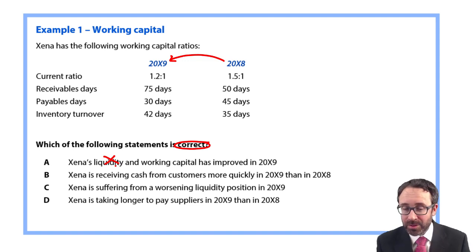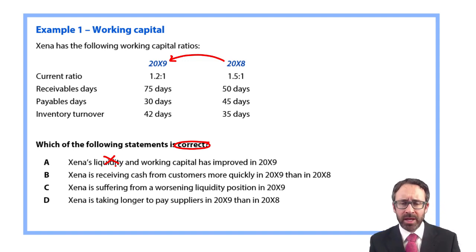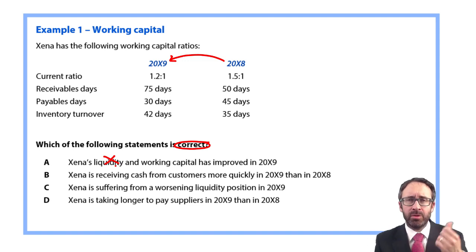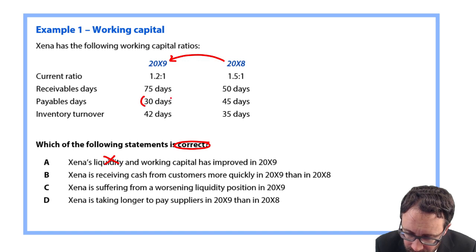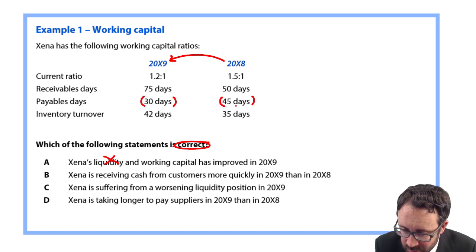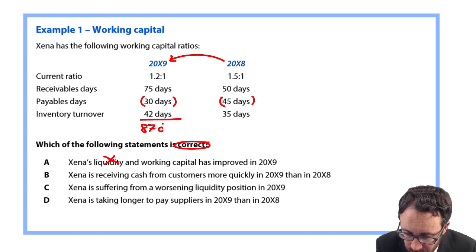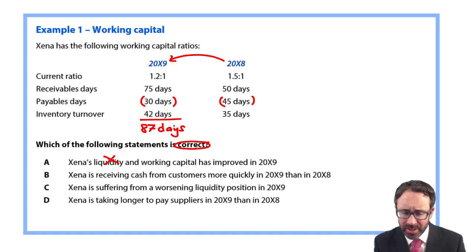Likewise, the working capital hasn't improved. Remember, your working capital cycle is receivable days plus inventory days less payable days. So if we were to work that out for each of the 2 years, I think you have 87 days.